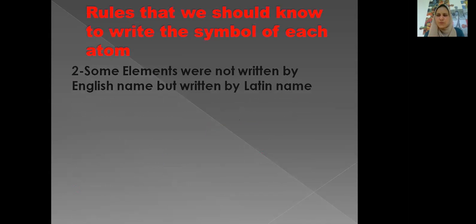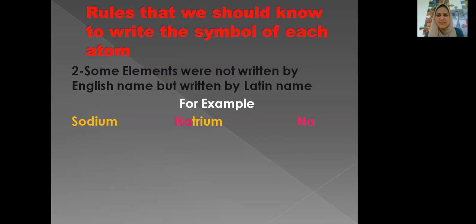The other rule is how to write the symbol of the atom or element. Some elements have a Latin name, not an English name. So when we write the symbol, for example, sodium, it's not SO or S. Why? Because its symbol comes from the Latin name, which is natrium. So it's N capital and a small. The first one is capital and the other small.